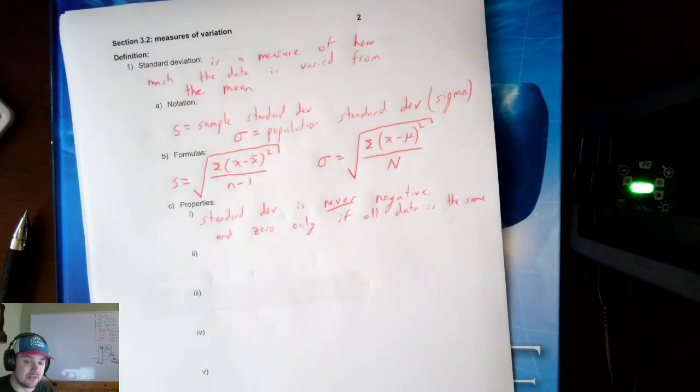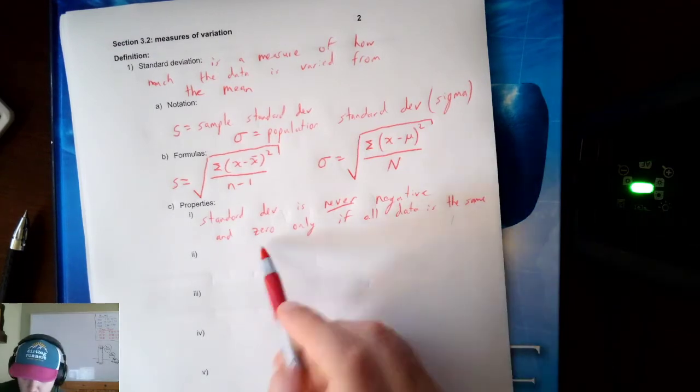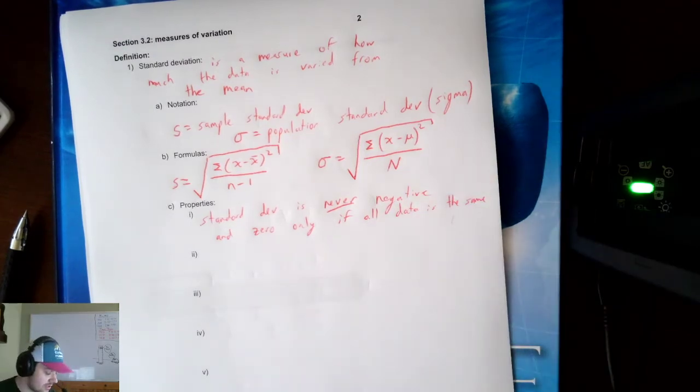It can be 0 if and only if all of your data is the same number. Let's say I gave a quiz and every student got 100 on it. Then the standard deviation would be 0. It can never be negative though. So if you calculate a standard deviation and you get a negative number, you know you messed up. It cannot be your answer. It has to be positive, and 0 only when all your data values are the same number.